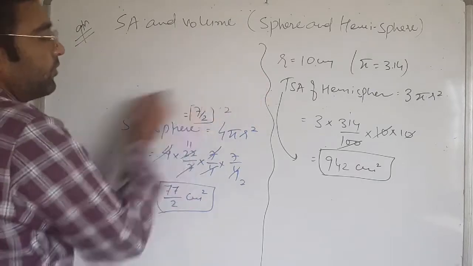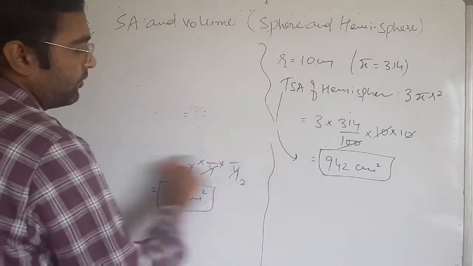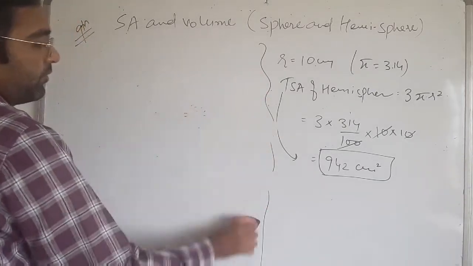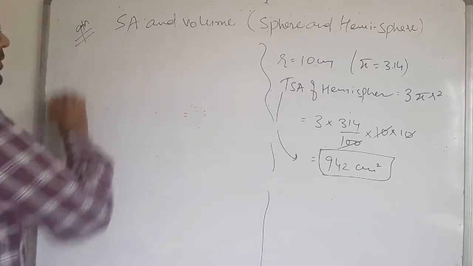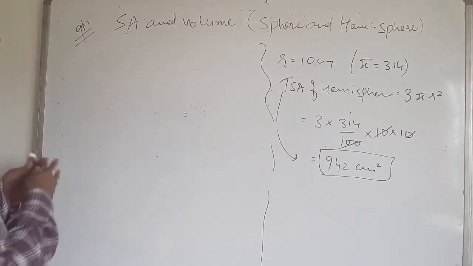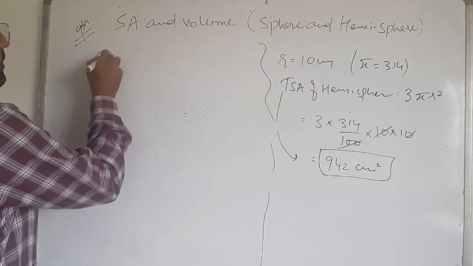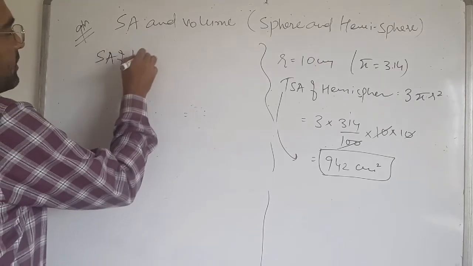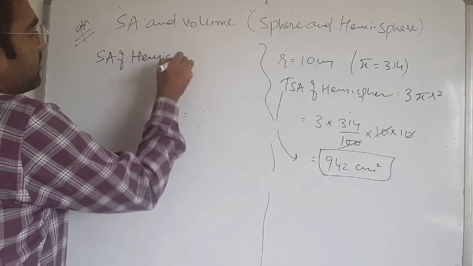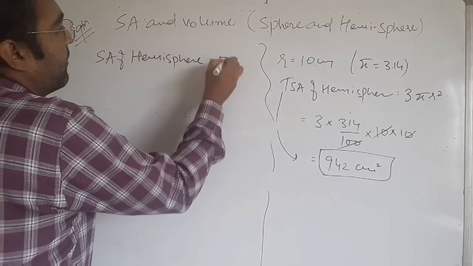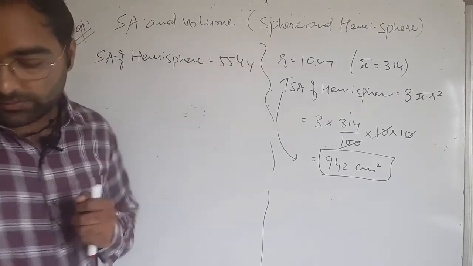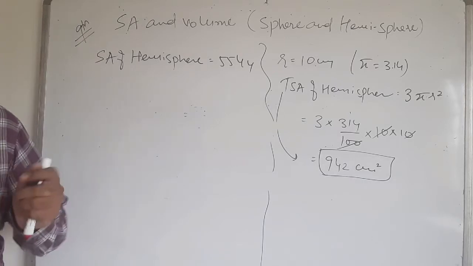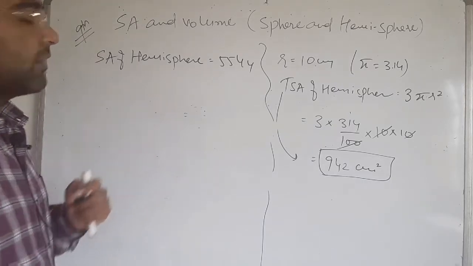So the surface area is given, that is 5544. Surface area of sphere, sorry students, here is my mistake.